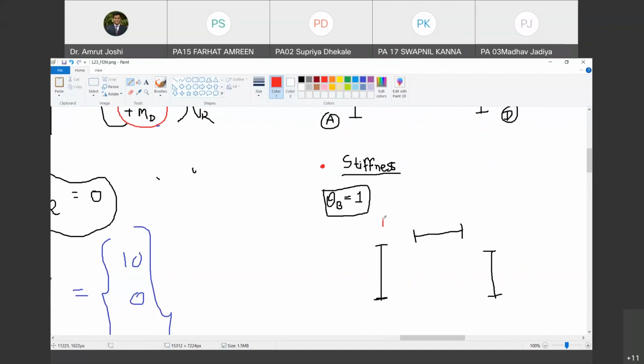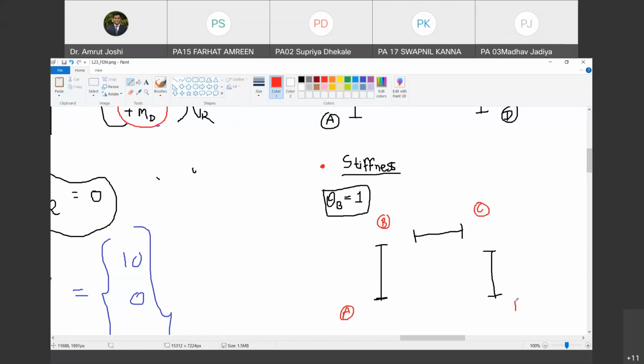So how does it look? This is B. B is a part of the column as well as a part of beam BC. Are you with me? Yes, sir. So when I say theta b equal to 1, I have to ensure that theta b is 1 for both column BA as well as beam BC.